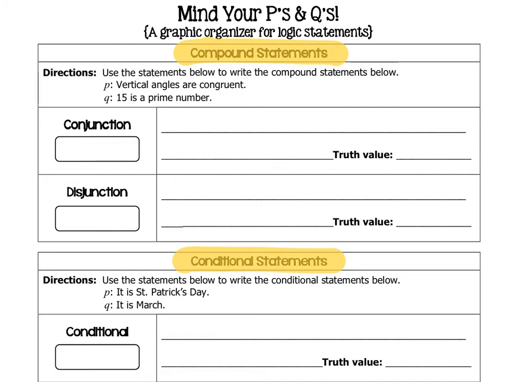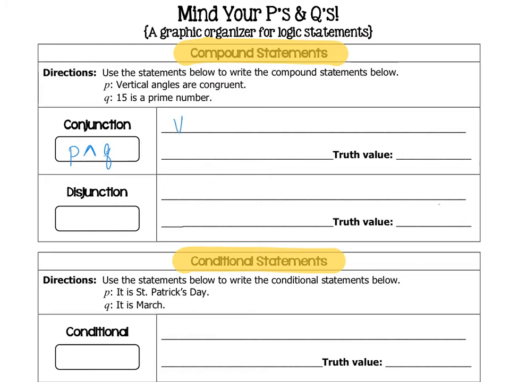We are given 2 statements here. P, vertical angles are congruent. Q, 15 is a prime number. So a conjunction is simply putting the 2 statements together and using the word and. That little hat represents and.